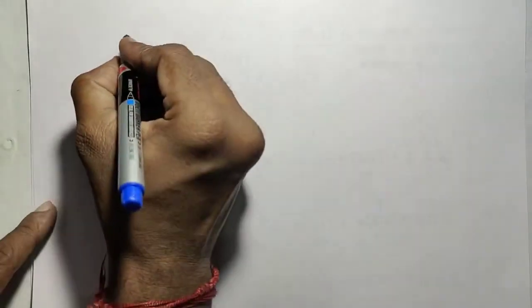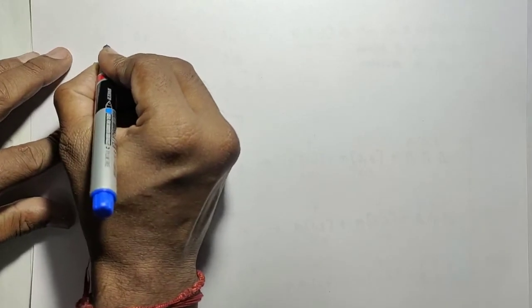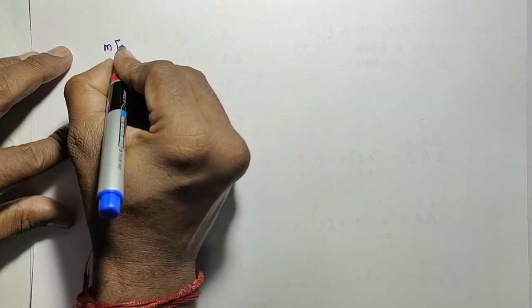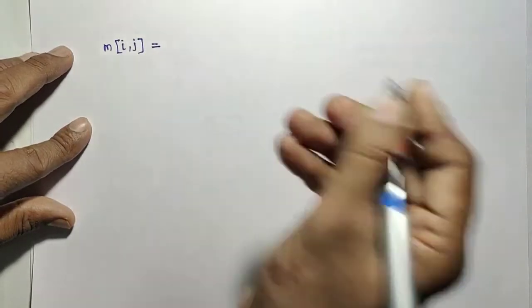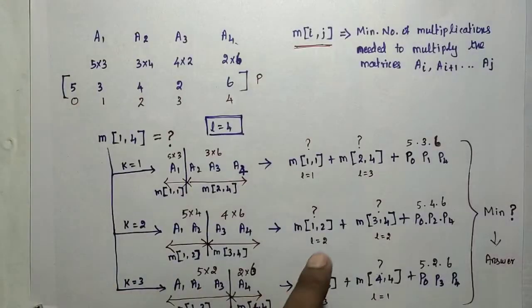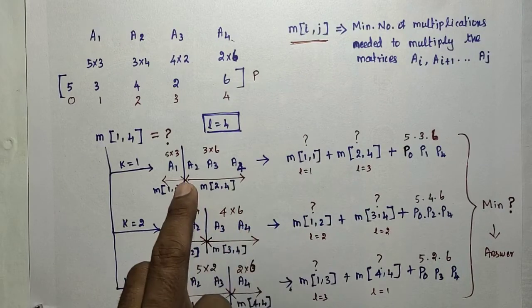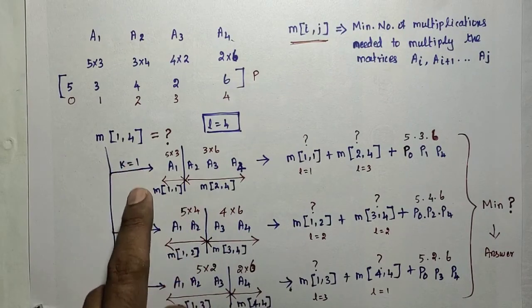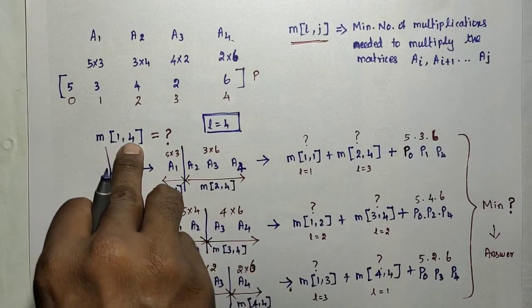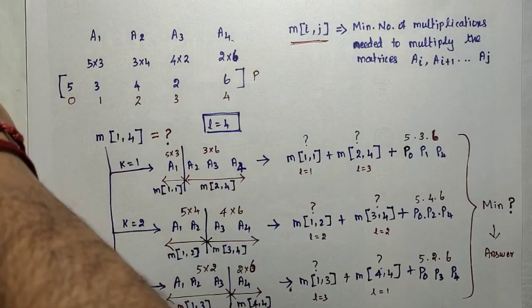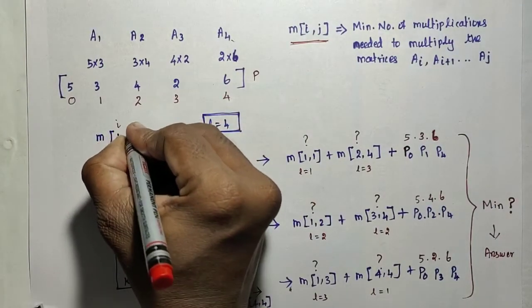So I need to find m of i comma j. What is the formula? There are 3 combinations, k equal to 1, 2, 3. Okay, k equal to 1, 2, 3, just match this with the i comma j. This is the input, correct? So this is i and this is j.